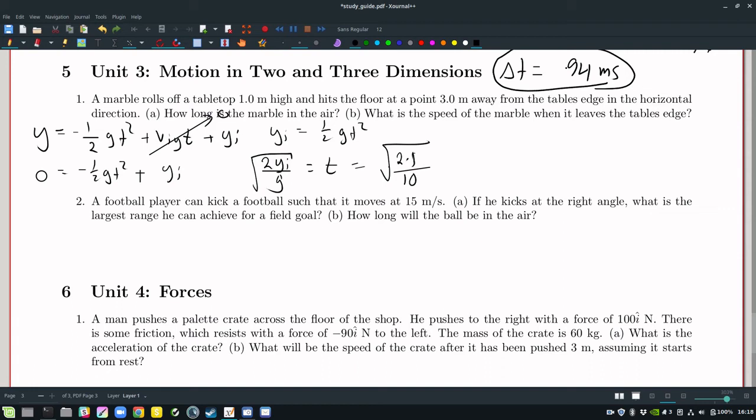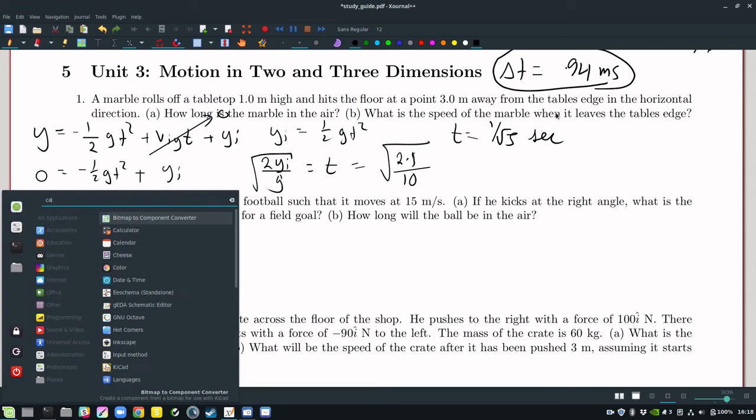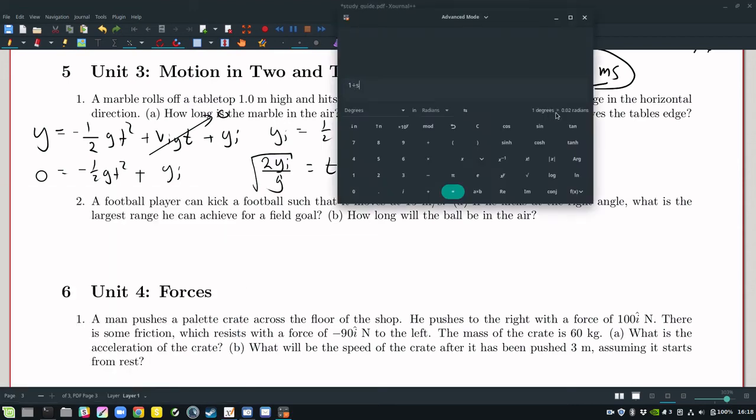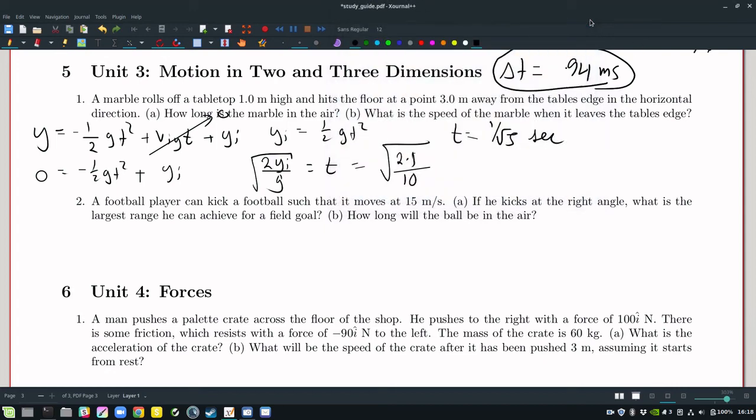I'm going to round for this problem, so the time is the square root of 2 over 10, or the square root of 1 over 5 seconds. Let's break out the calculator now. 1 divided by the square root of 5 is about 0.45 seconds. So t is a little shy of half of a second.